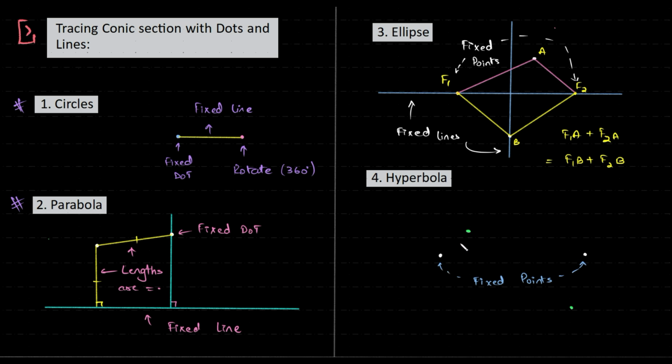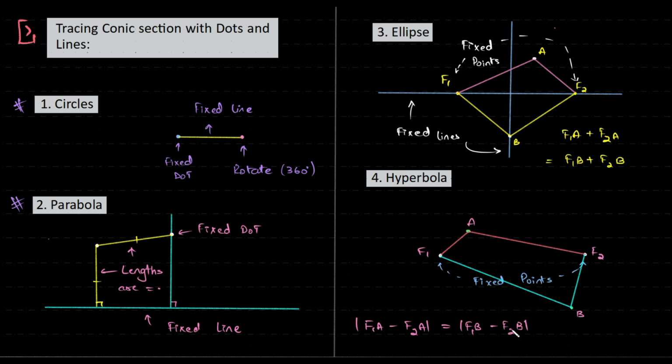If I join these two points with these two lines, and join these two as well, and let us name them: this is F1, that's F2, that's A, and this is B. So here we have the modulus of F1A minus F2A, the difference between the distances from the same point to the foci, should be equal to the modulus of F1B minus F2B.